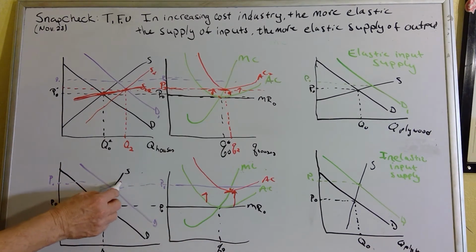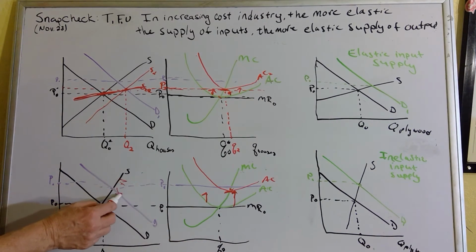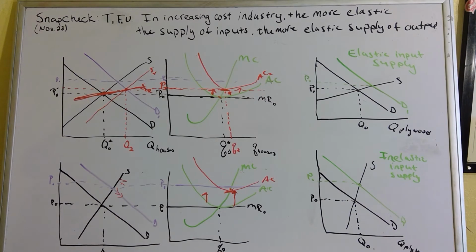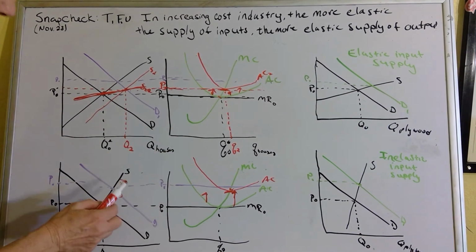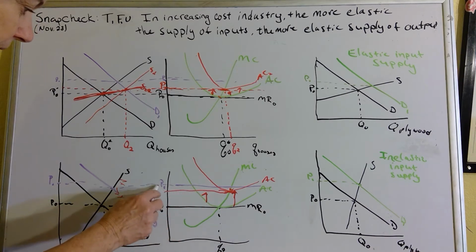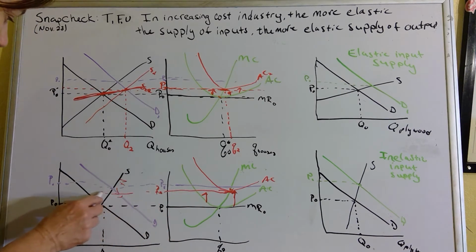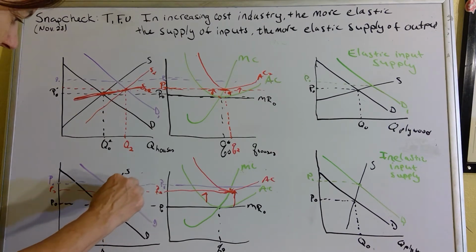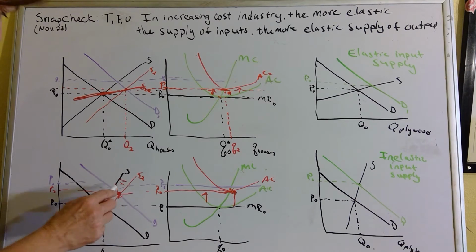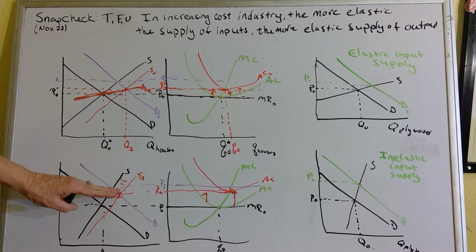Because as firms are entering, driving price down, they're all buying the plywood, and the plywood's getting so much more expensive that it raises the cost for everybody to produce. So it doesn't take very much entry at all until price gets driven down to minimum average cost. So yes, supply will increase, but not that much. And the increase in long run equilibrium price is going to be a lot higher.